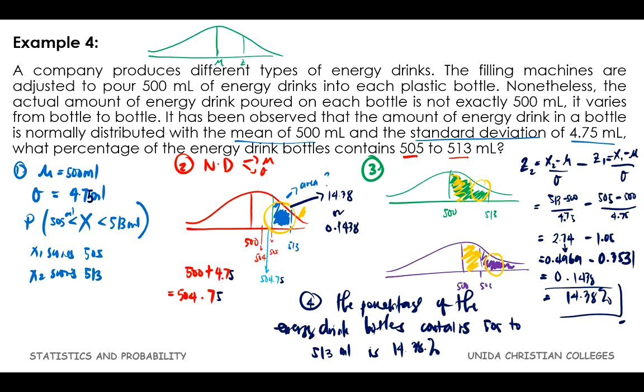Second step, you have to draw the normal distribution para ma-figure out mo kung ano yung area na hinahanap mo. Then step 3, ano yung hakbang na gagawin mo gamit yung formula. Then after that, nakuha si z-value, punta sa z-table, kunin ang z-scores. Pag nakuha si z-scores, that's the final answer. Okay po. So, thank you very much for your listening.